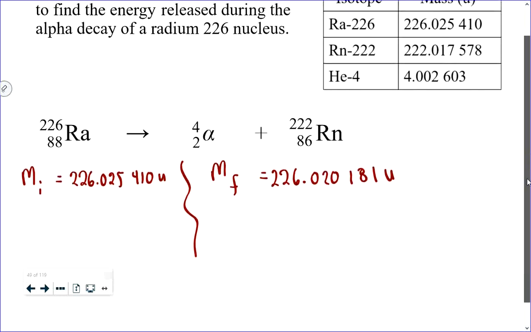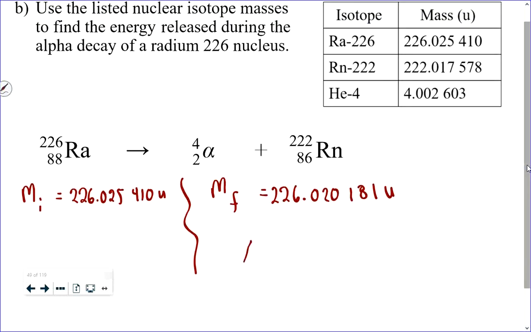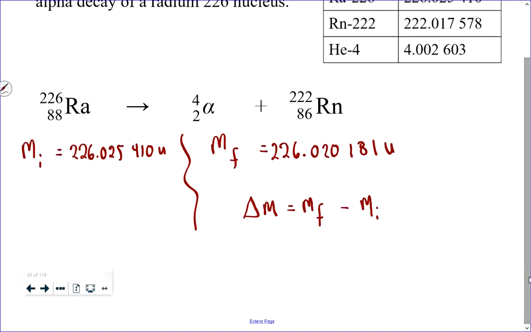And if we find the change in the mass by taking the final mass minus the initial mass, and we can still do this in atomic mass units for the time being, what is it we get?